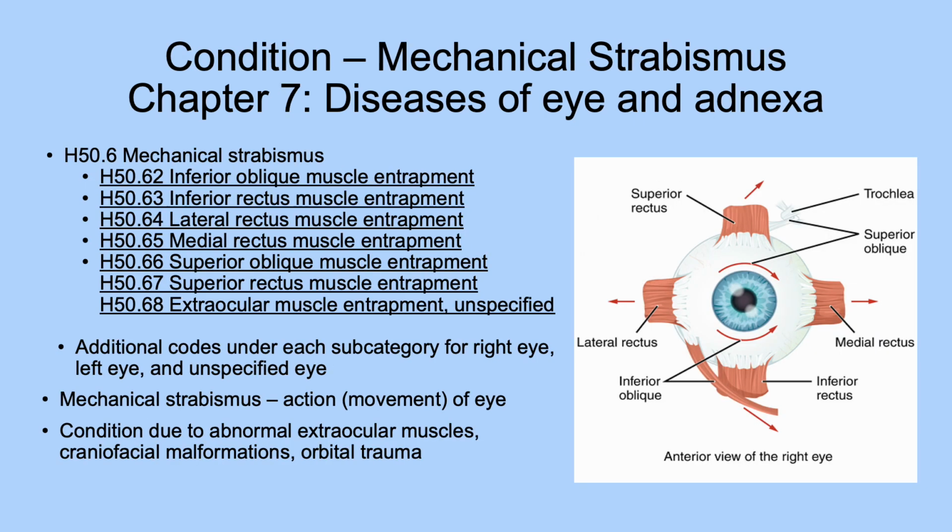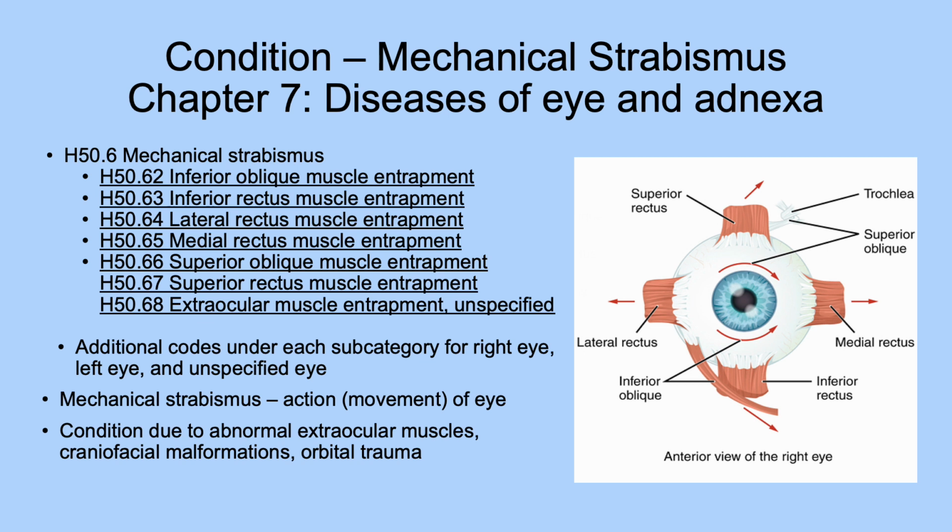Now let's move on to Chapter 7, Diseases of the Eye and Adnexa. This H50.6 is already in the book, mechanical strabismus. This involves the action, the movement of the eyeball. Under here we have different muscles and entrapment.